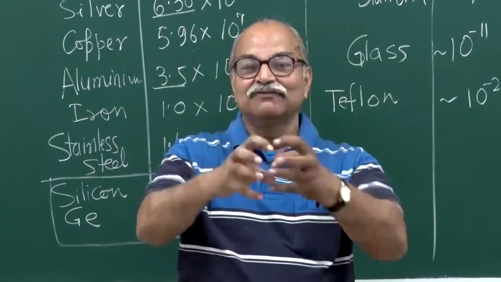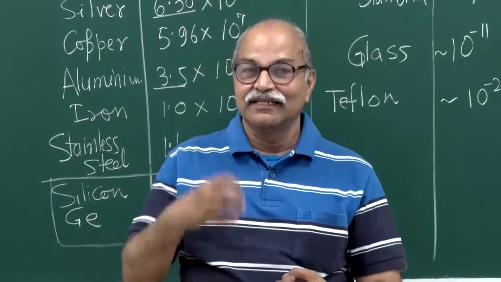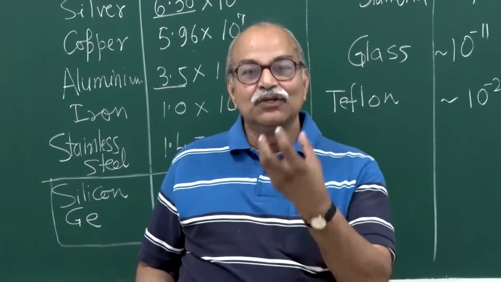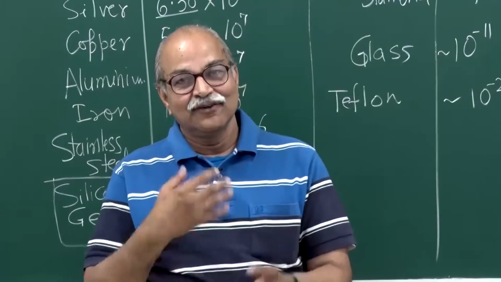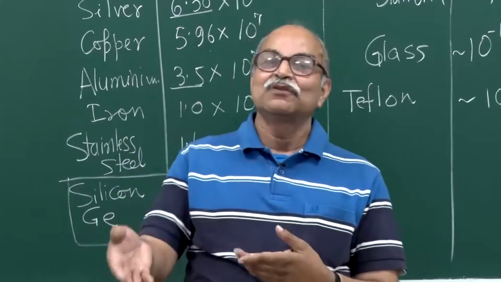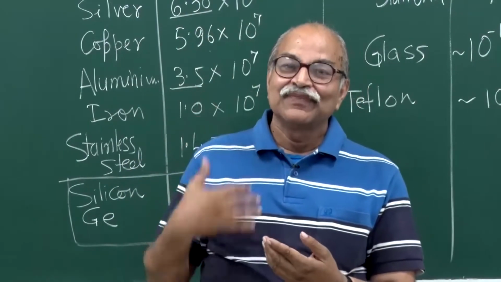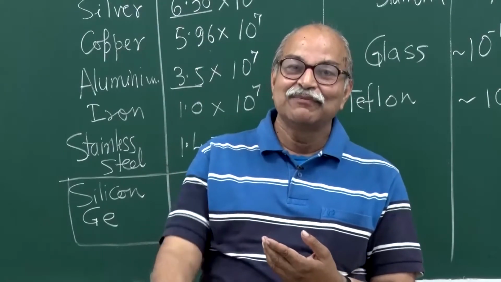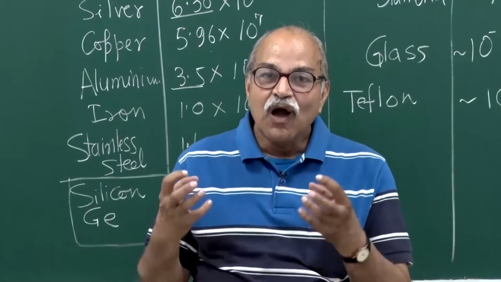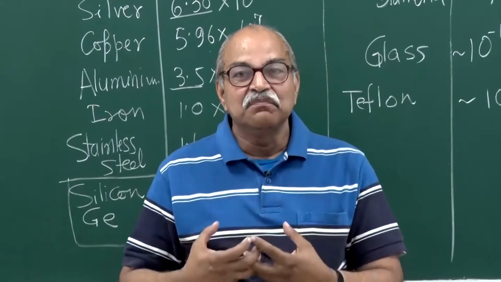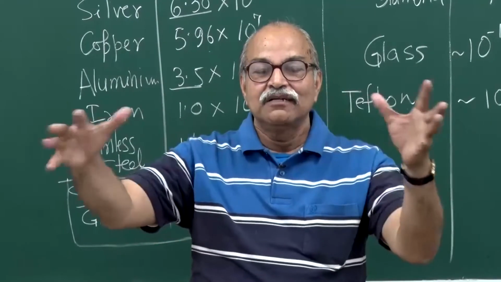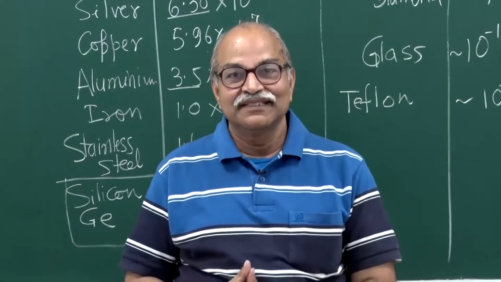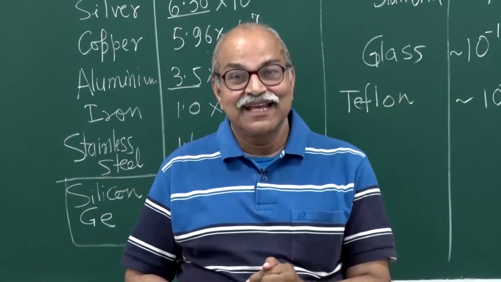So in a solid you have positive ions and electrons, or nucleus and electrons. Many of the electrons are in the inner orbits, and some of the electrons which are in the outer orbits actually decide many of the properties. So how electrons behave in presence of that multitude of positive ions, that I have to understand.